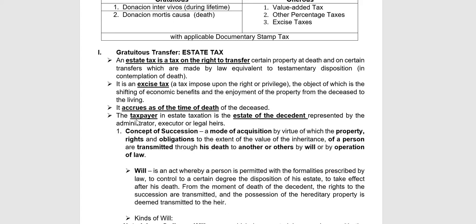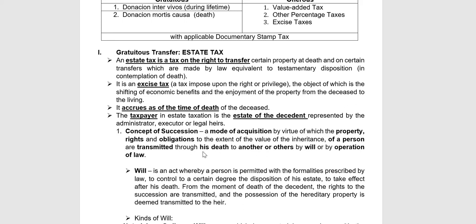The taxpayer in estate taxation is the estate itself. It's not the heirs, it's not the property, but the estate itself. So before it is distributed to the heirs, estate tax is first deducted.